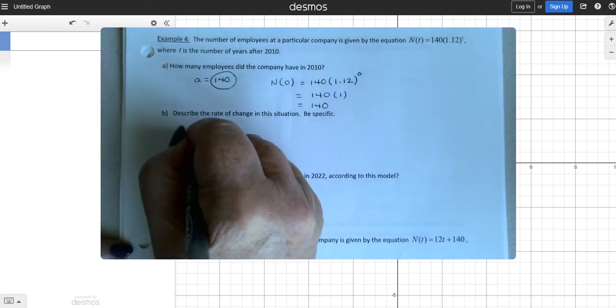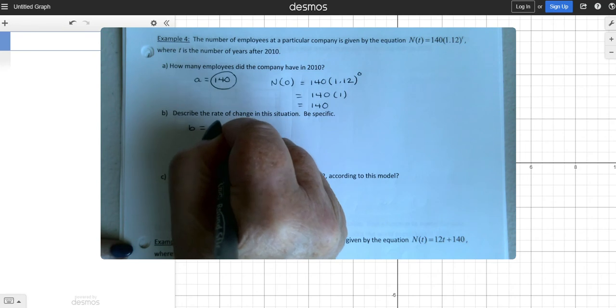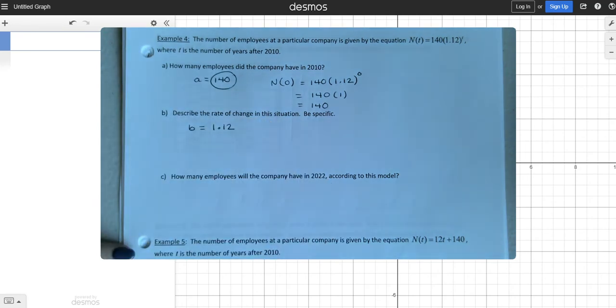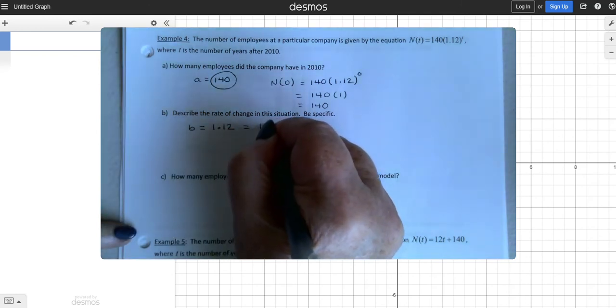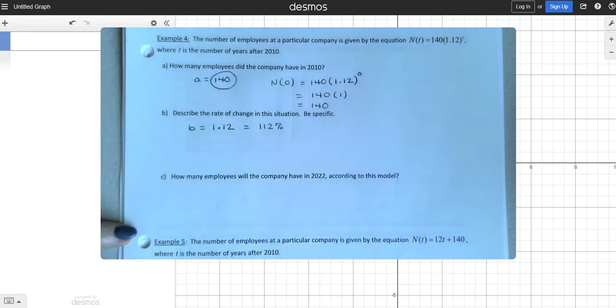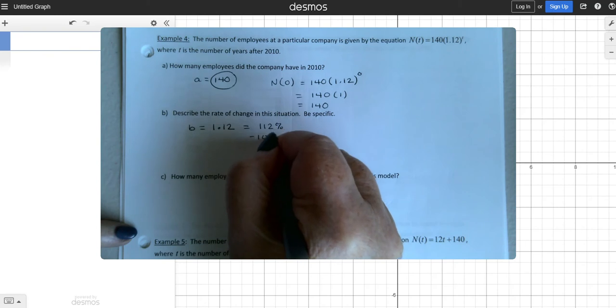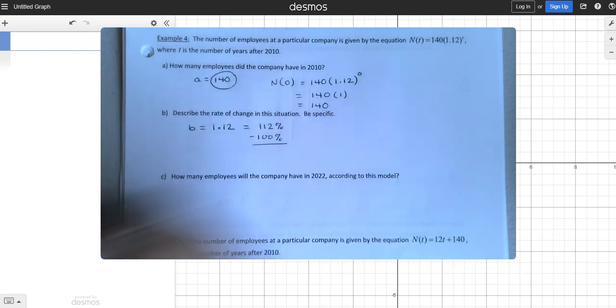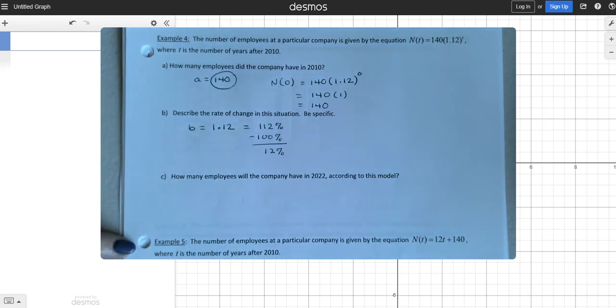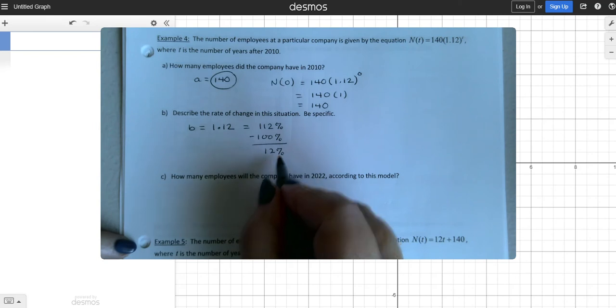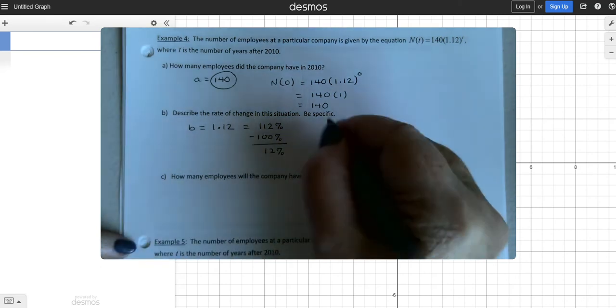I know that the rate of change is not the b value, but it's related to the b value. So I need b equals 1.12. I'd like to think of that as a percent, 112%. I have to subtract the 100% we started with, which says that the rate of change was actually 12%. The number of employees is increasing by 12% per year.